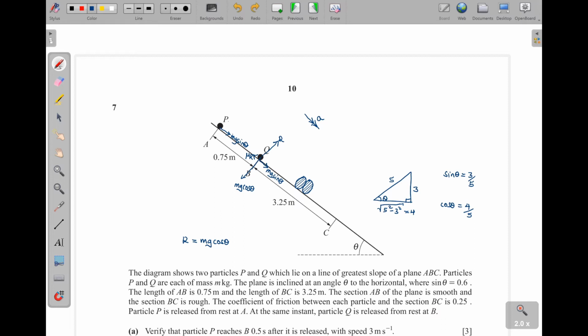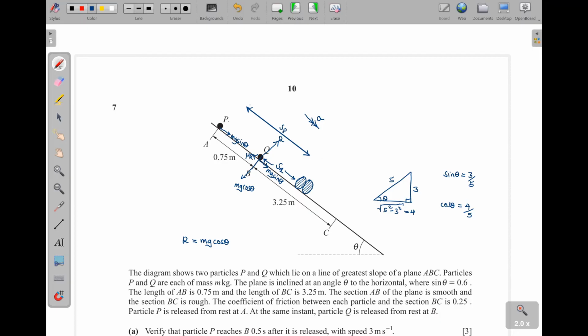Now, when they move in here, Q is going to travel this distance here, SQ. Then P is moving this distance here, which is going to be SP.